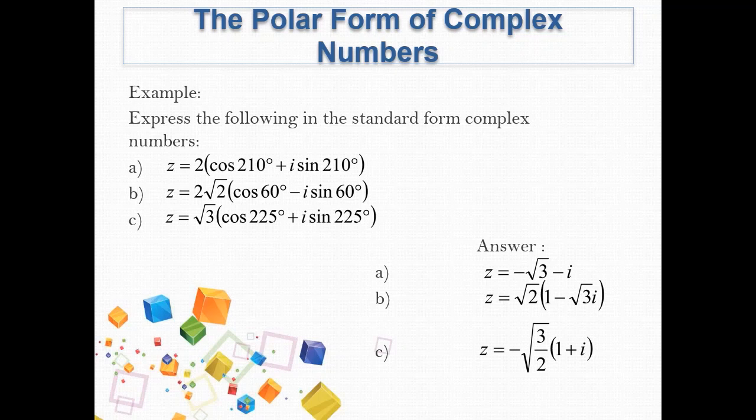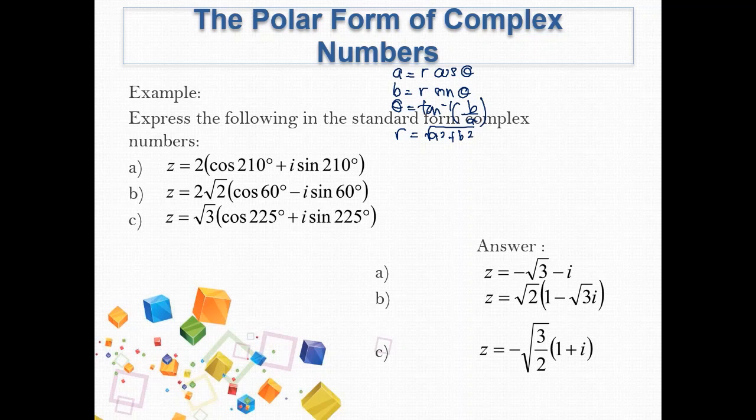So hold on to the formulas, remember these: a equal to r cos theta, b equal to r sin theta, and theta is equal to arctangent of b over a, and r is the square root of a squared plus b squared.